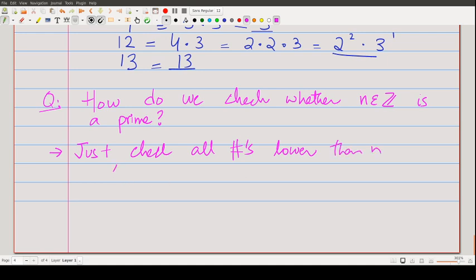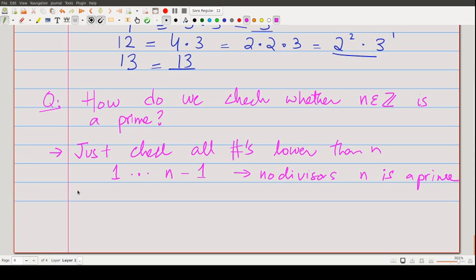So check from 1 to n minus 1 and see if any of them divide n. If they divide n, then you don't have a prime, but if you can't find a divisor from 1 to n minus 1, if you find no divisors, then n is a prime. That's the first thing we can think about, right?